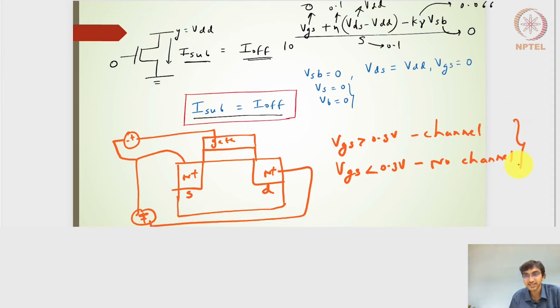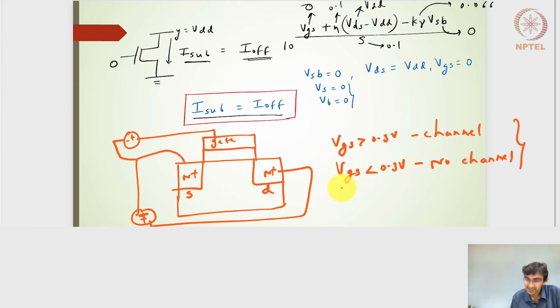We cannot have this kind of demarcation in a transistor, where the channel appears and then disappears at 0.3 volts. If it is greater than 0.3 volts, I will have a channel, and if I have 0.29 volts or 0.299 volts, I will not have a channel. That is a slight approximation which we had made to find the channel and the current through the channel, which is generally in the range of hundreds of microamperes to milliamperes.